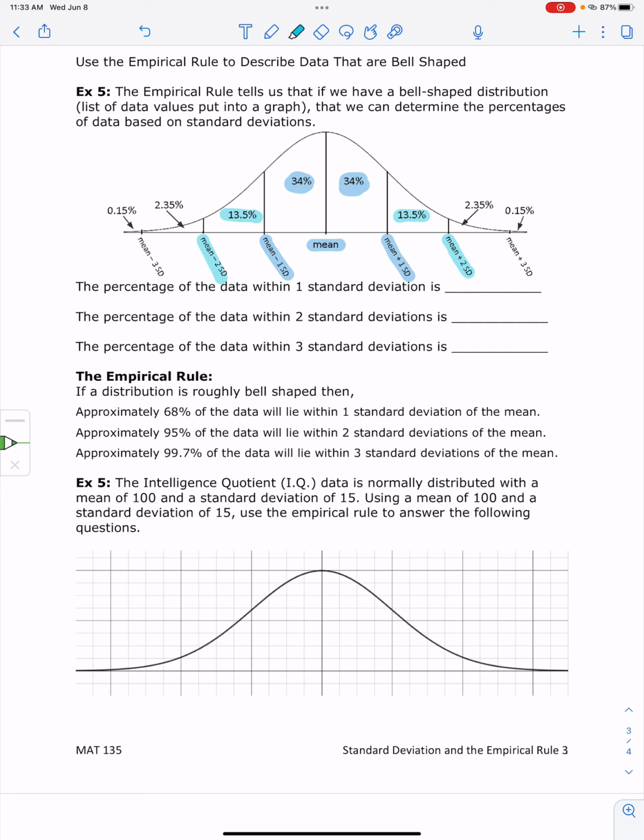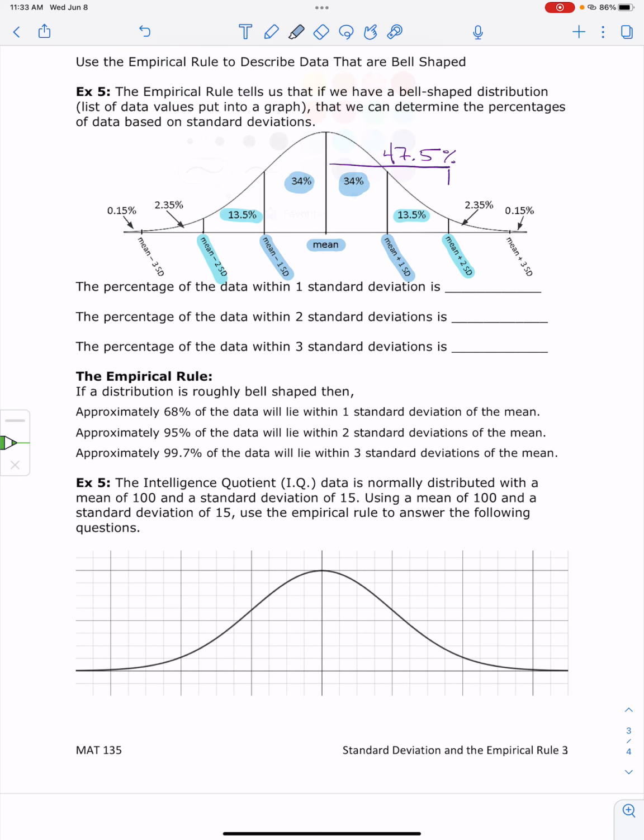So if I take a look at the mean to 2 standard deviations above, I am looking at 34 plus 13.5%, I get 47.5%. Okay. And then 47.5% from the mean to 2 standard deviations below.